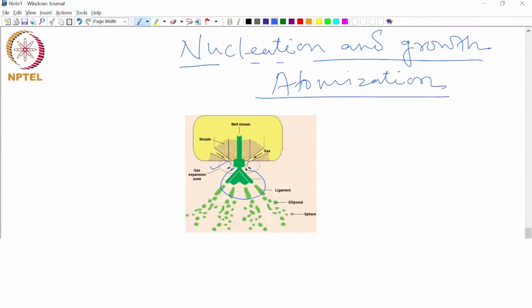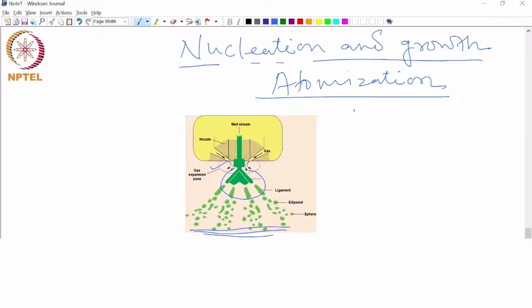It breaks down into smaller fragments, and finally as it travels down this chamber, it solidifies as solid metal powder, right.